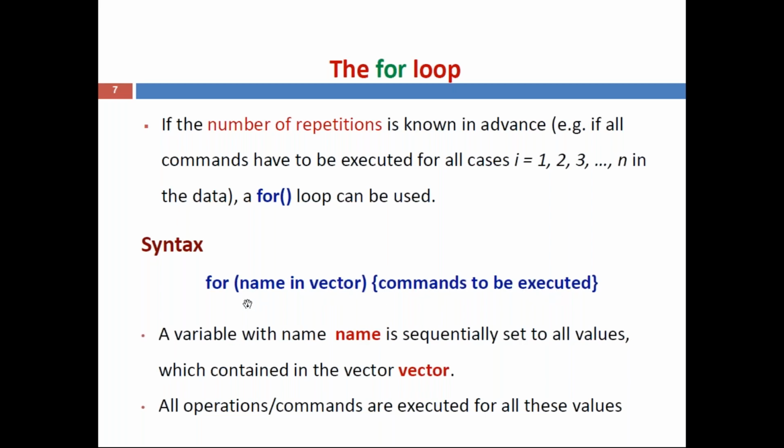Here the variable with name, what is its use? It is sequentially set to all the values contained in the vector. Then the commands inside the loop, all operations or commands, are executed for all these values. This is the syntax and explanation of the parameters included in the for loop.